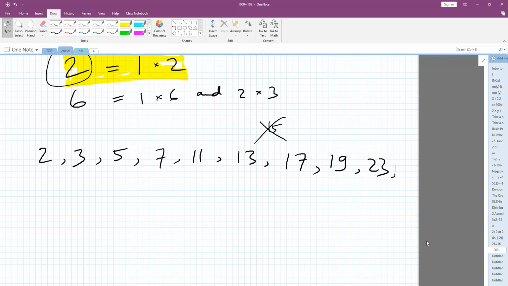What about 27? No, 27 can be made from 3 times 9. So that proves 27 is not a prime number. 28 can be made from 4 times 7, so it's not a prime number either. Is it 29 then? Yes, 29 is the next prime number.